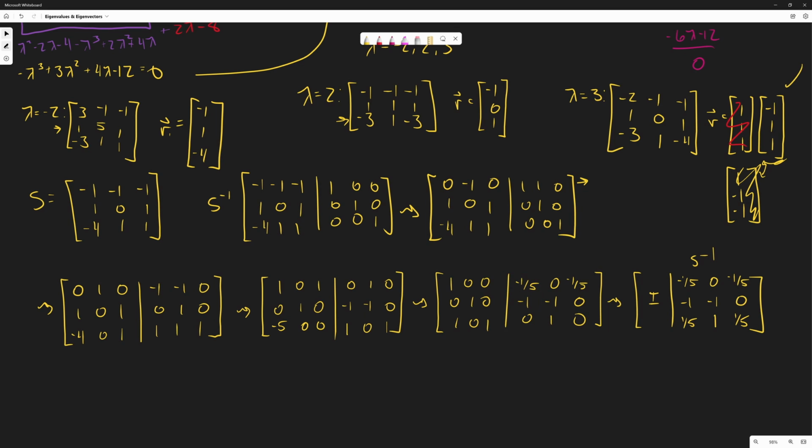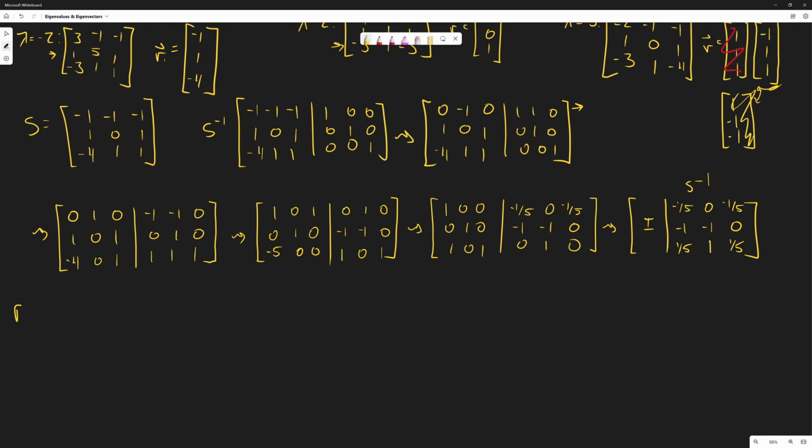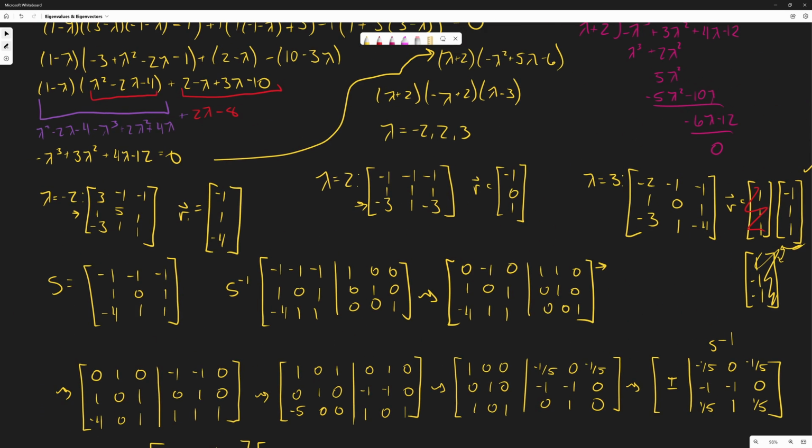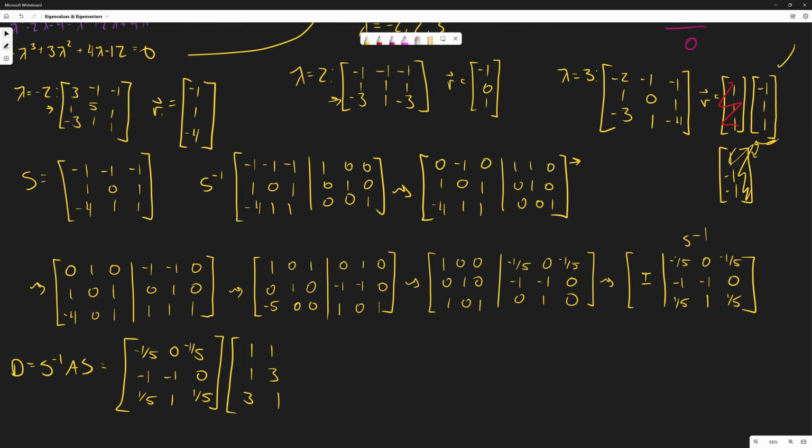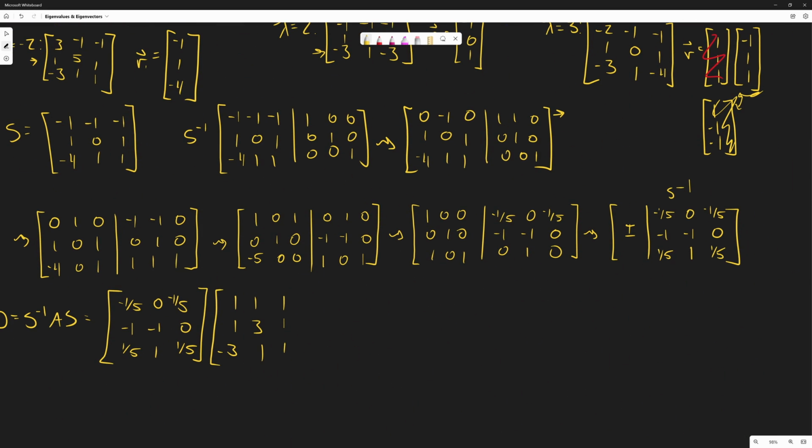And so now, we're almost done, we use the equation diagonal is equal to S inverse A S. So that's the same thing as -1/5, 0, -1/5, -1, -1, 0, 1/5, 1, 1/5, multiplied by A. I forgot what it was, so 1, 3, 3, then 1, 1, 3, 1, 3, 1, then 1, 1, 1.